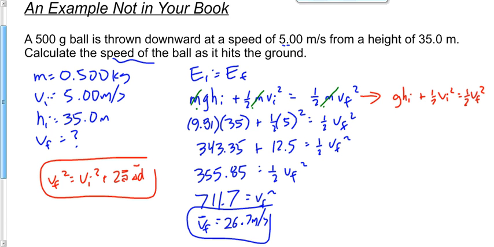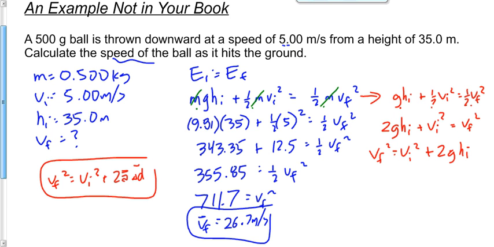I'm going to do something a little bit easier. I'm going to multiply every term by 2. 2gh initial plus VI squared. Now the half is gone because I multiplied it by 2, equals VF squared. Let's change the order of this a little bit and see what it looks like. VF squared is equal to VI squared plus 2gh initial.